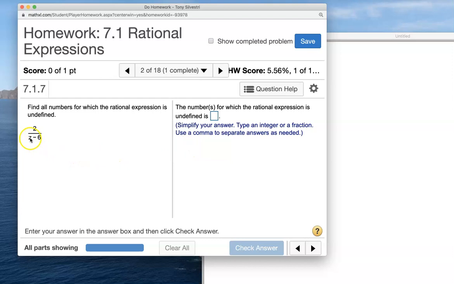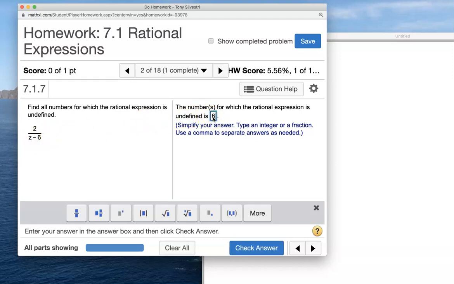Okay, I can plug in 0 for z here. If I plugged in 0 for z, 2 divided by negative 6 would be negative 1/3. It's defined. The one number I cannot plug in there is 6. Because if I plugged in 6 for z, 6 minus 6 would be 0. 2 divided by 0, it can't be done. So for that problem, you get 6.